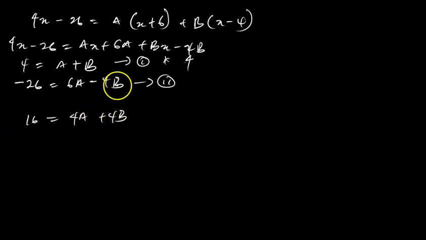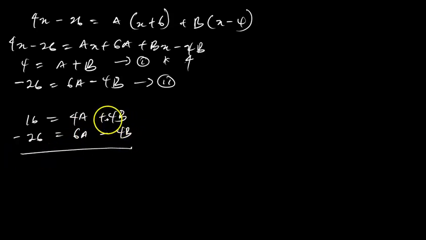And I can now repeat equation 2 here, that's minus 26 is equal to 6A minus 4B. Now we can add both equations together. 4B minus 4B becomes 0. For 6A, this becomes 10A is equal to minus 26 plus 16, that's minus 10.